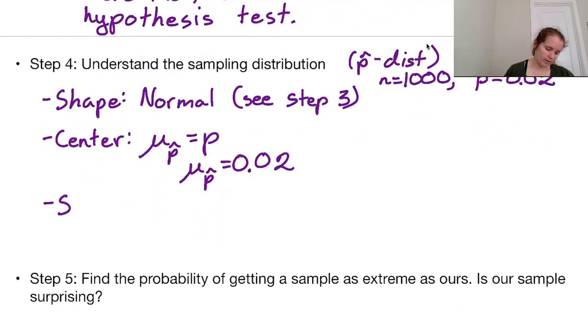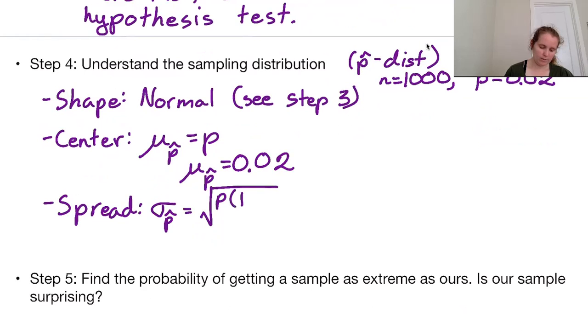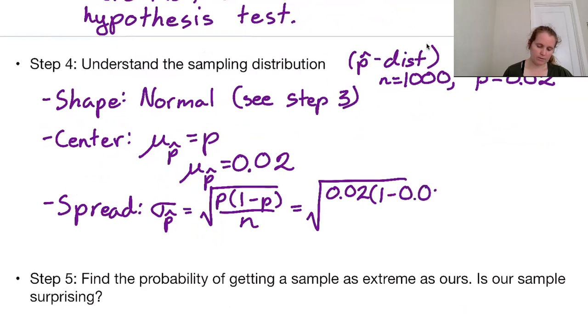And for spread, sigma sub p-hat is the square root of p times 1 minus p divided by n. So we are looking at the square root of 0.02 times 1 minus 0.02, all divided by 1,000.